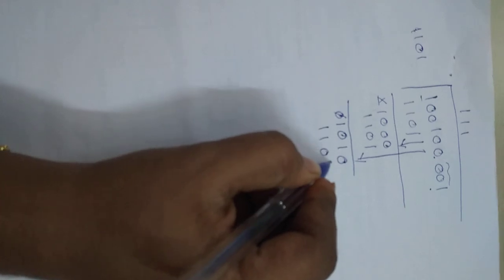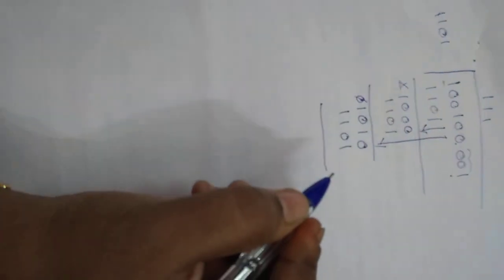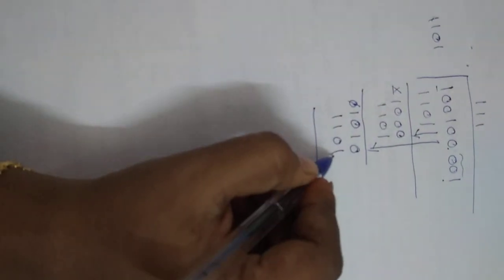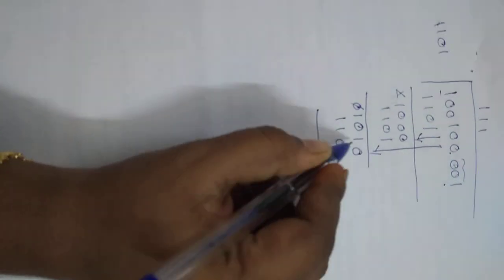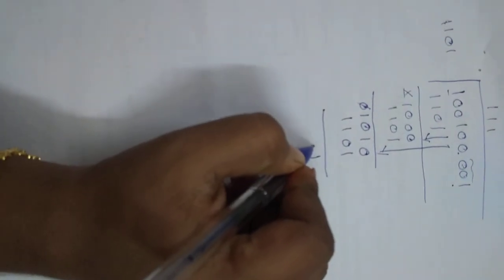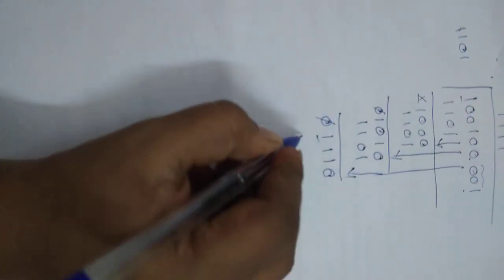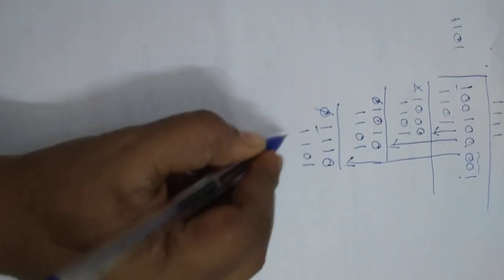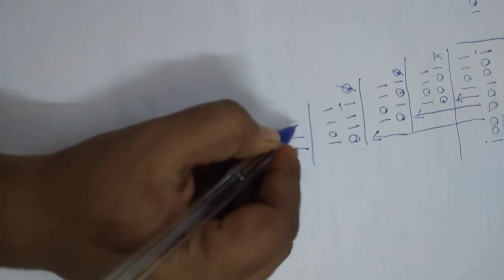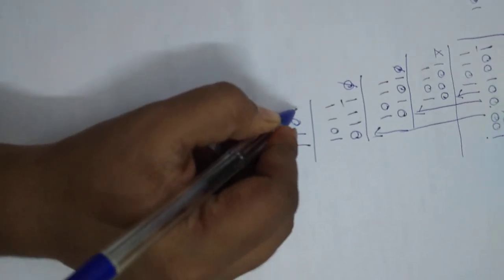So put 1 on the quotient, 1 1 0 1. So 0 1 in the sense 1, 1 1 is 0, and 0 1 in the sense 1. This one is 0. Then drop down this 0 for 1. So we put 1. So 1 1 0 1. 0 1 in the sense 1, 1 1 0, and then a 0.